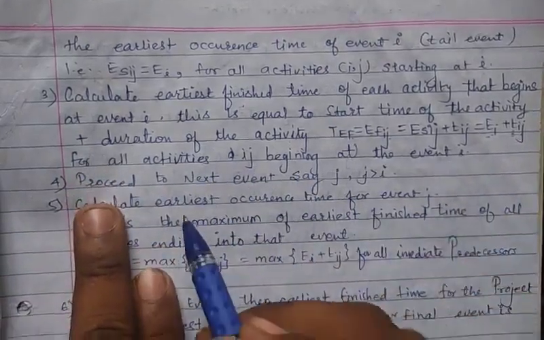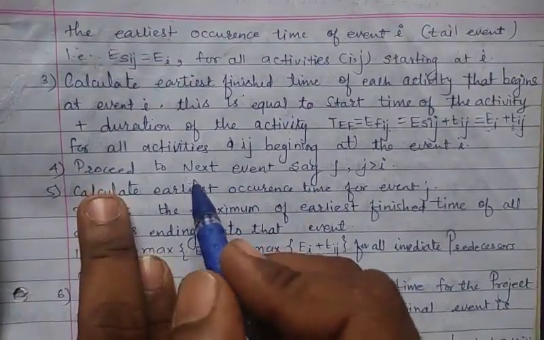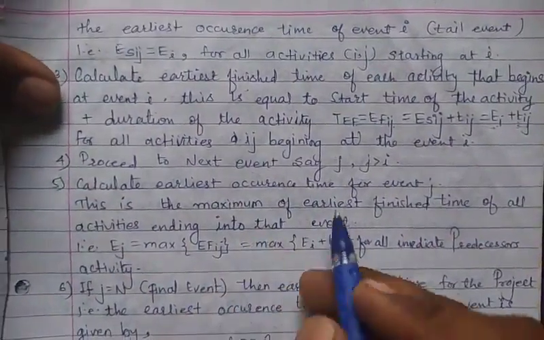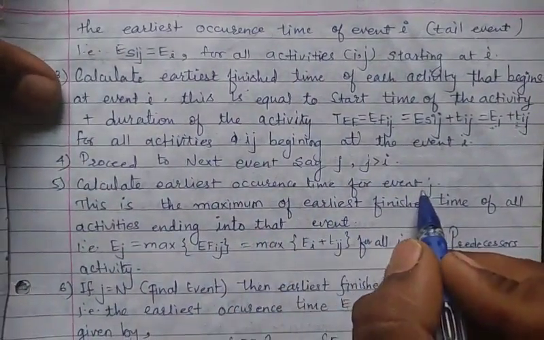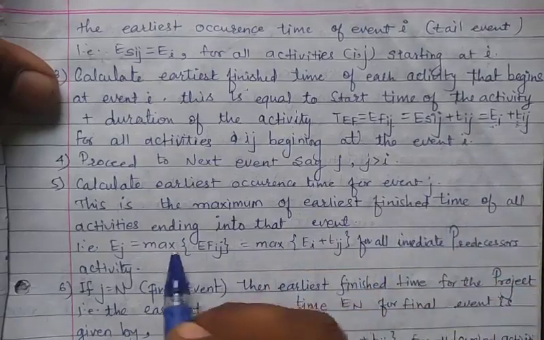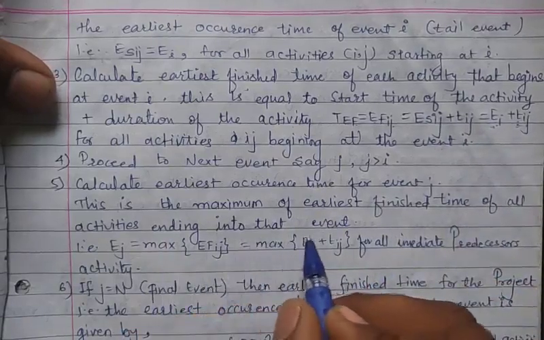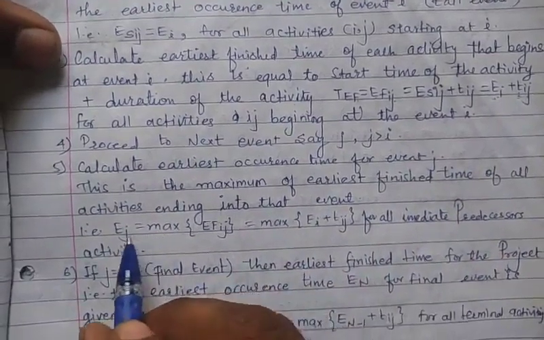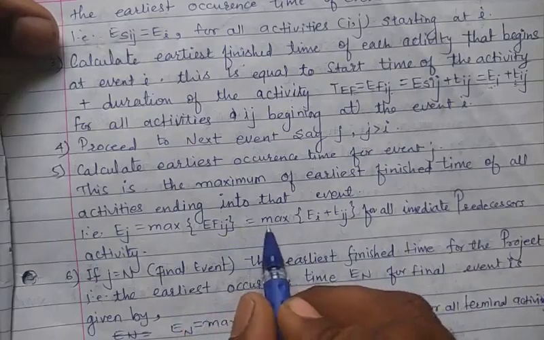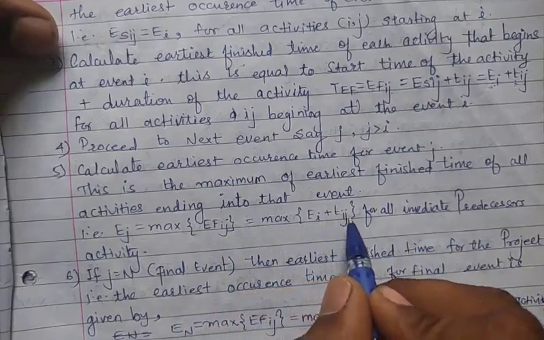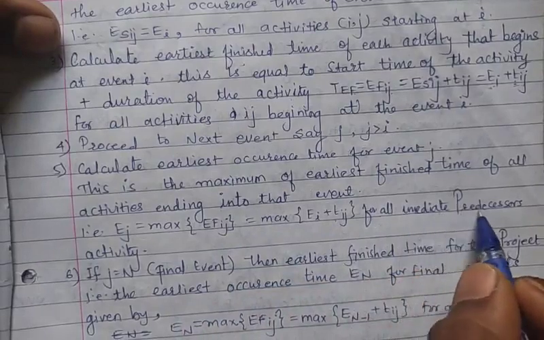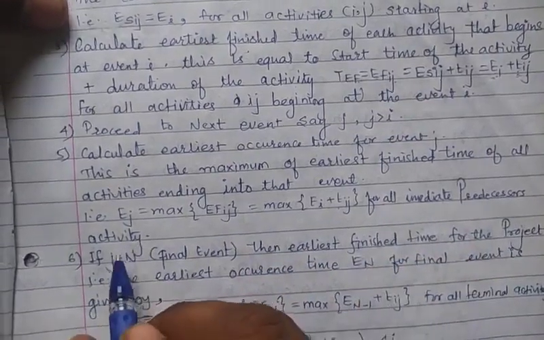Next, proceed to the next event, say j, where j is greater than i. Calculate the earliest occurrence time for each event j. This is the maximum of the earliest finish times of all activities ending into that event, so Ej is the maximum of EFij, which is equal to the maximum of Ei plus Tij for all immediate predecessor activities.